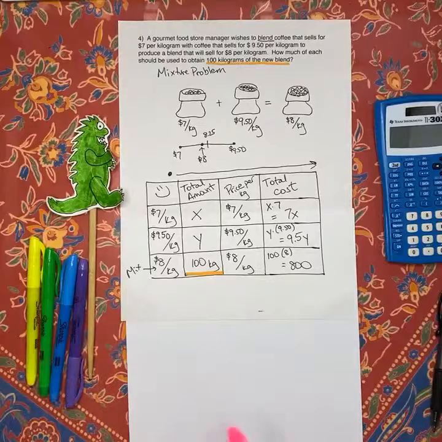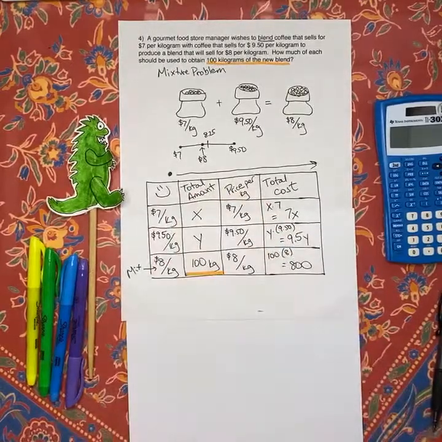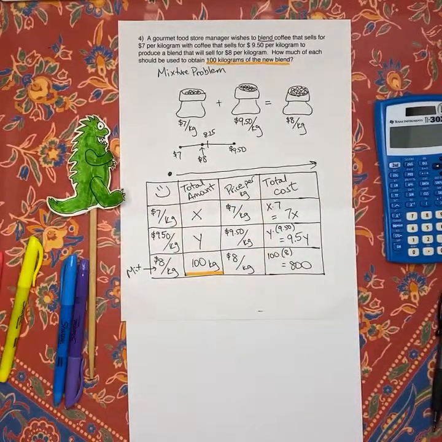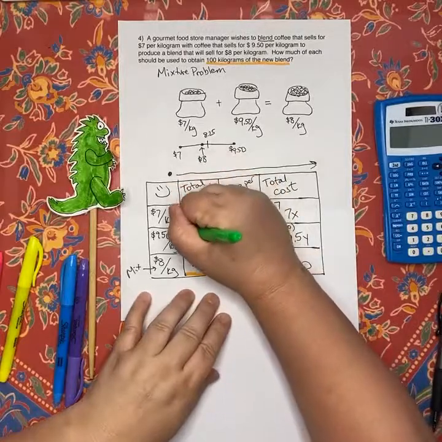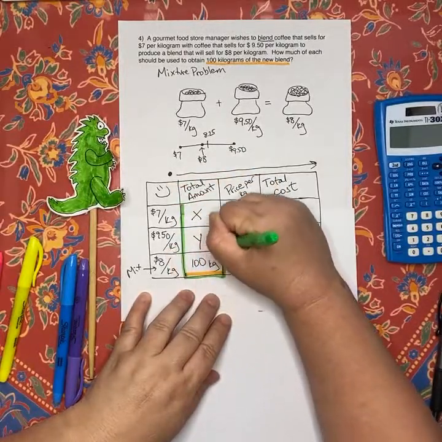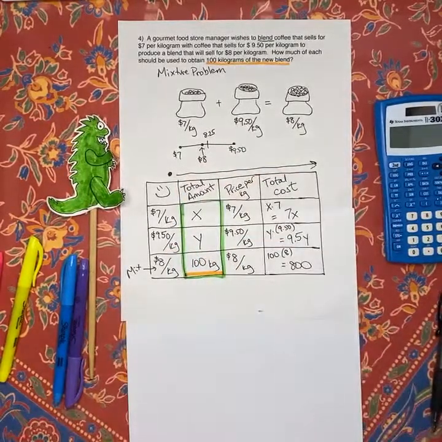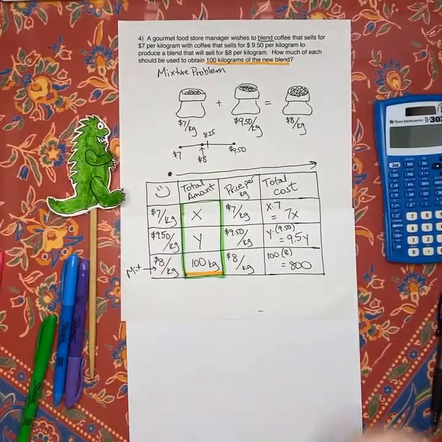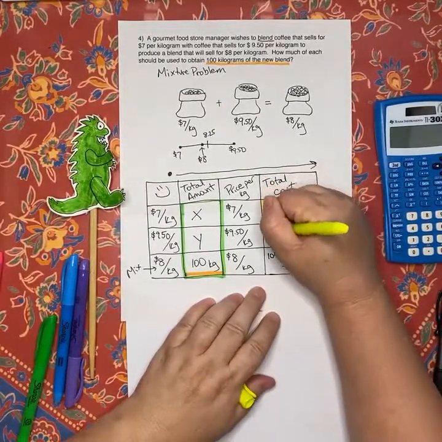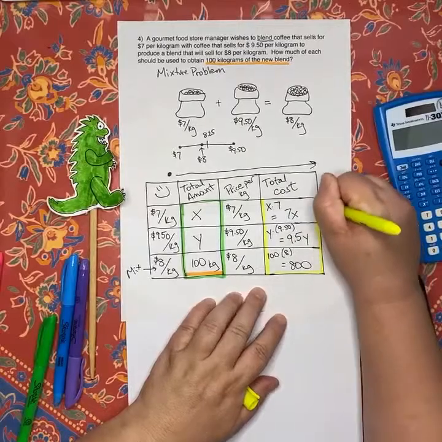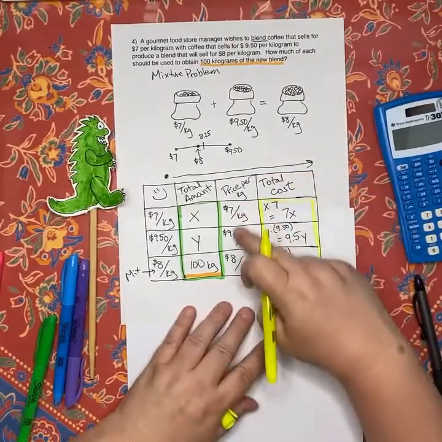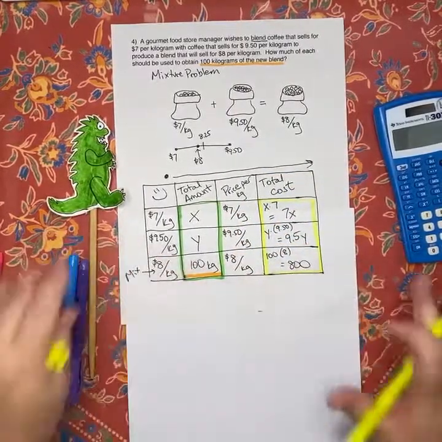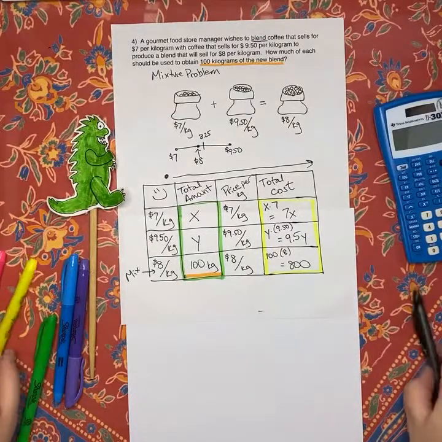Okay, so let's see. I'm going to use green for the first column. That's going to be green, and this will be the yellow. And as before, the middle column does not become an equation.